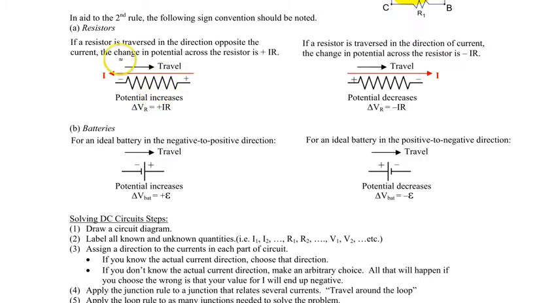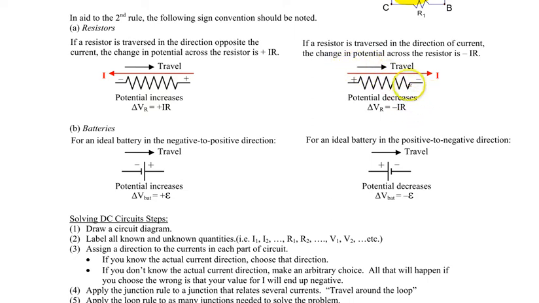So the sign convention for resistors would be, if you traverse a resistor in the opposite direction of the current, then that would be like you're going uphill. You're going up the waterfall, as I was showing earlier when we talked about circuits. If you traverse a resistor in the same direction as the current, so the current's going to the right, I'm going to the right here, then it's like you're going down the waterfall, so you're going to be losing potential as you fall down the waterfall.